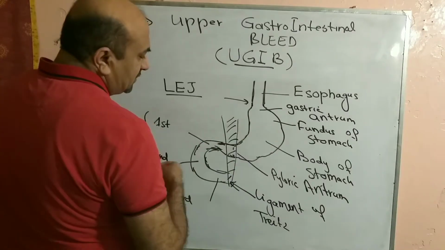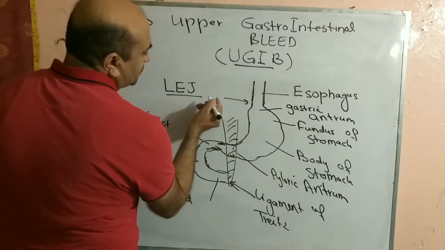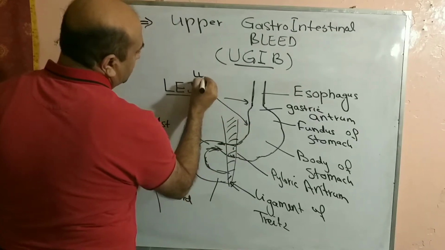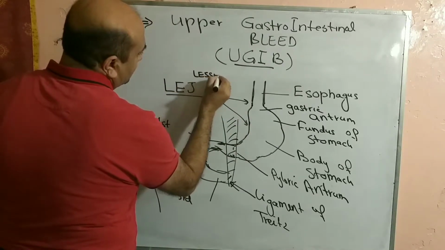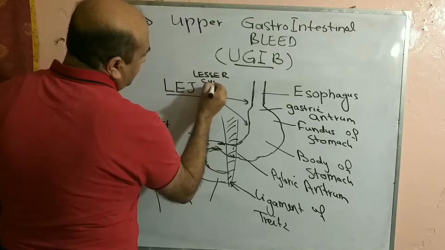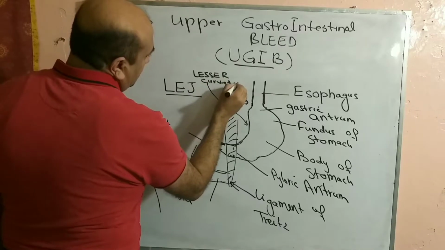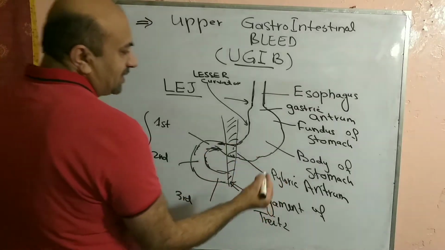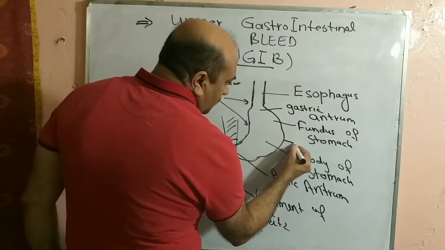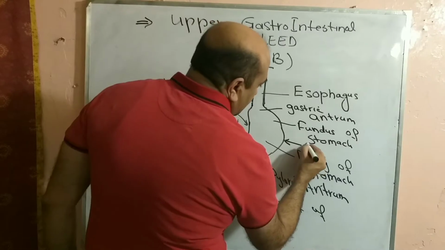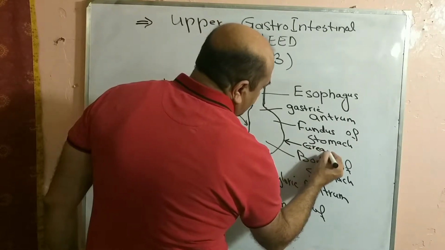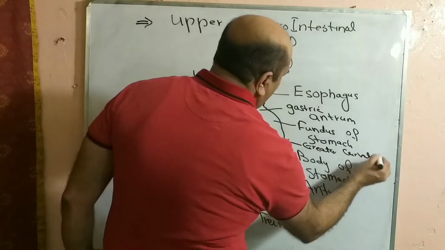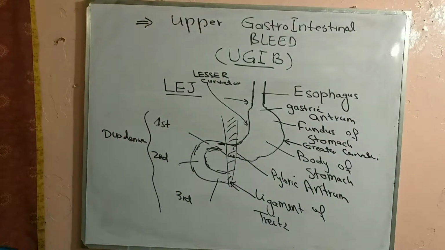This curve is known as the lesser curvature of the stomach. So if the stomach has a lesser curvature, it would probably have a greater curvature as well, which is this part. This is the greater curvature as opposed to the lesser curvature. Again, these are very important points anatomically speaking.